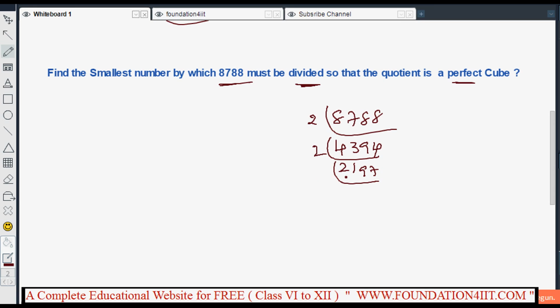Now this 2197 is not divisible by 3, 5, 7 and 11. Next is 13. It is divisible only by the 13 table: 13 times 169, 13 times 13. Fine. So 8788 I can write as 2 into 2 into 13 into 13 into 13.